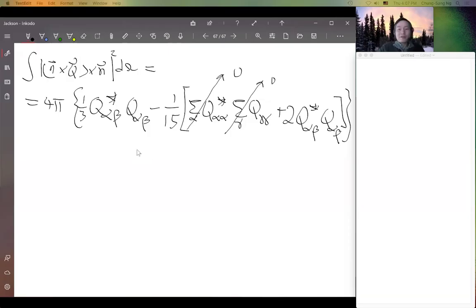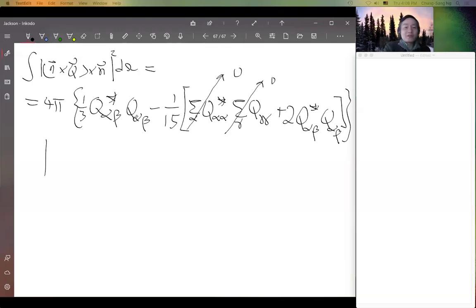Okay, and so now we end up with just this factor, exactly this factor, except with a different coefficient, but we can combine all the coefficients and get just this one. And this one is a sum over all the repeated indices. So you sum over alpha from 1 to 3, sum over beta from 1 to 3. But otherwise, they are exactly the same, and one is the complex conjugate of the other.